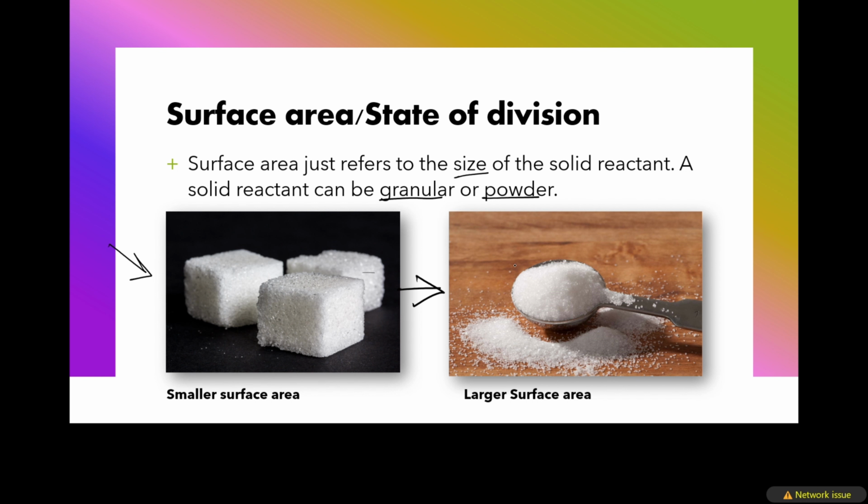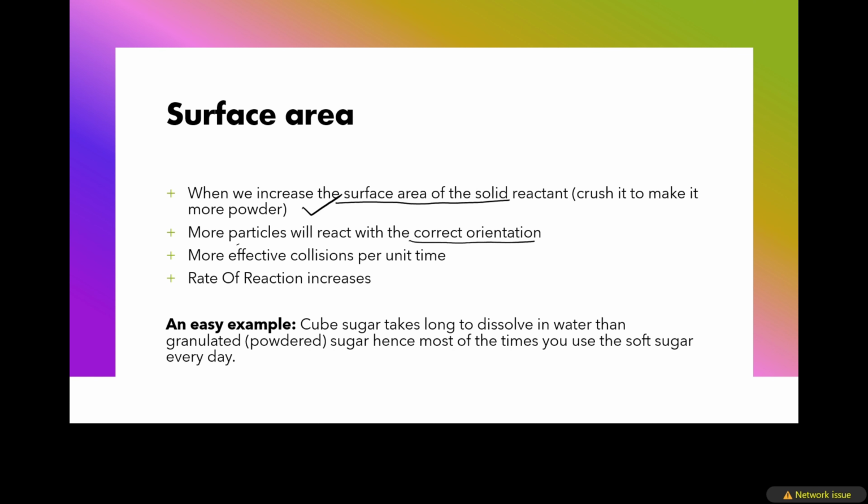So why does this one react quickly with water? It is because it is powdered. It has a larger surface area, so it means more of these particles will react with the correct orientation. But if you take this one, which is in cubes, and put it inside water, it will not easily dissolve. It will not easily react with the water. So when you increase the surface area, there will be more particles with the correct orientation.